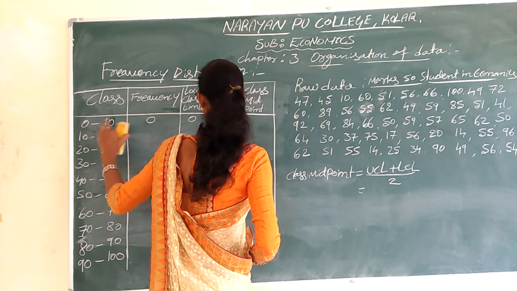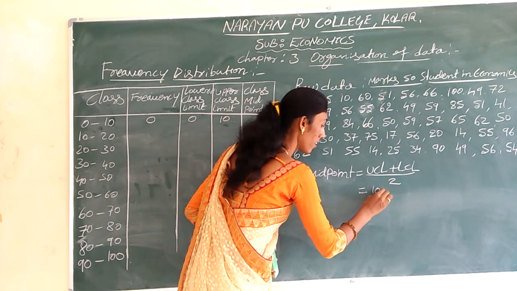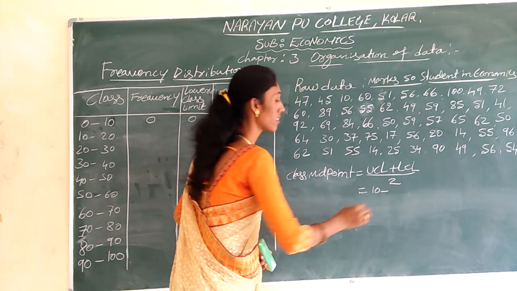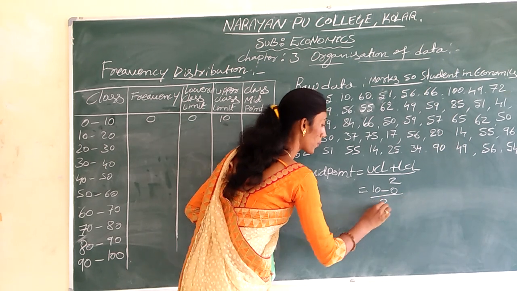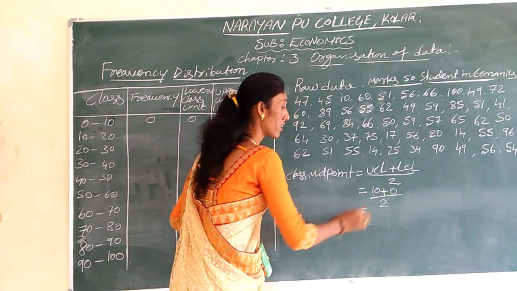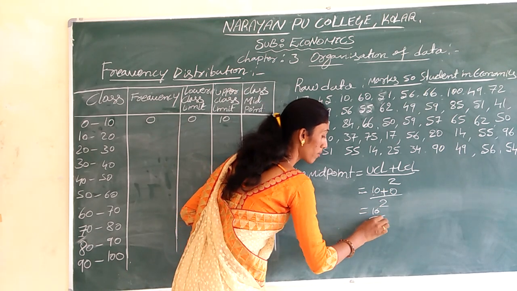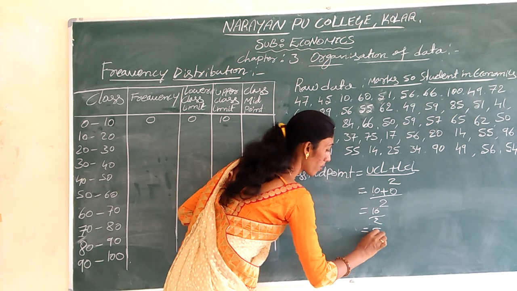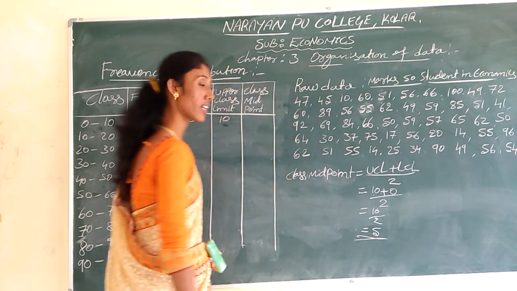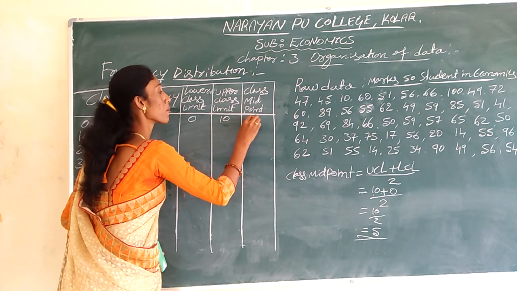Here the upper class limit is 10 and the lower class limit is 0. 10 plus 0 is 10, divided by 2. The answer is 5. So the class midpoint of this class is 5.